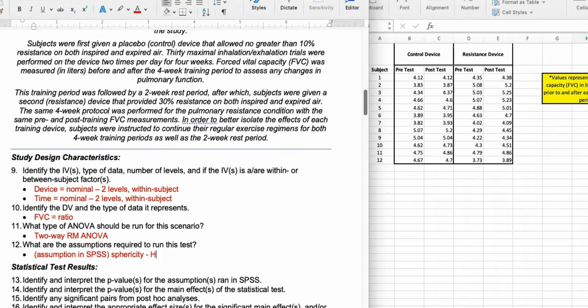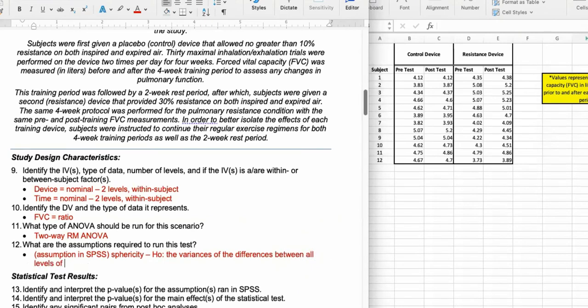So for this one, our null is that, or generally speaking, the variances of the differences between all levels of the within subject factor, or within subject independent variable, are relatively equal. So kind of similar to homogeneity of variance, but the main difference is the differences.